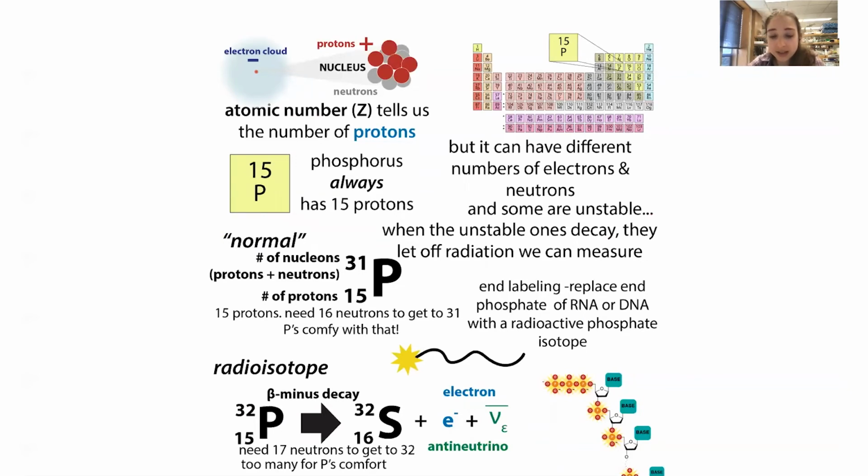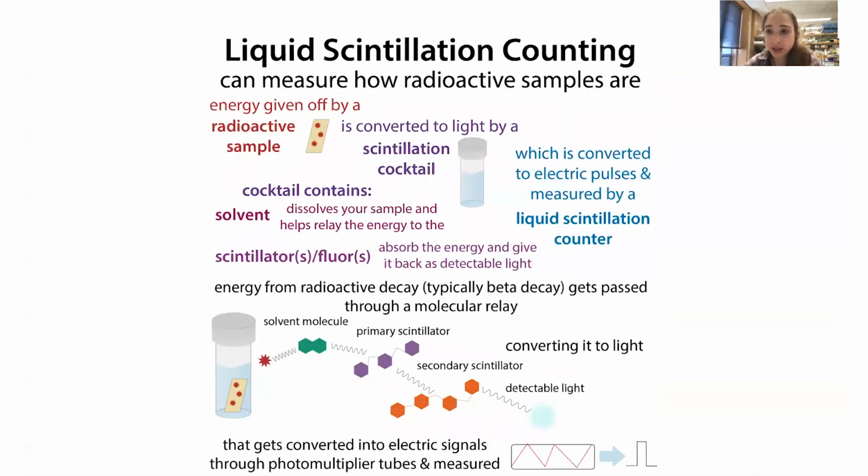with other processes. Scintillation counting is really great because it is super sensitive, and there are a lot of different types of samples that can be analyzed with it, and you can analyze different types of radioactivity. It is limited to certain types though. When I say it can measure how radioactive samples are, it's primarily with beta decay and alpha decay.